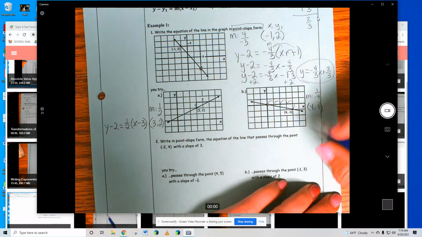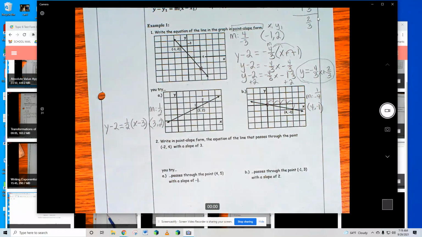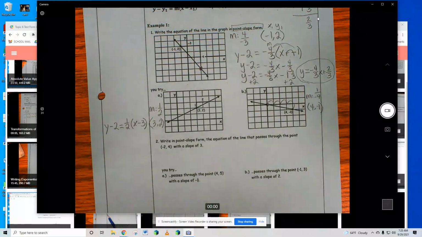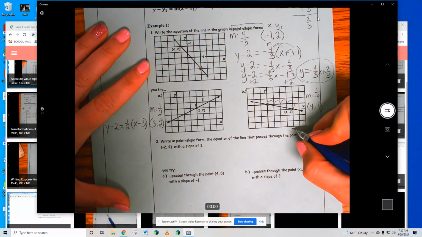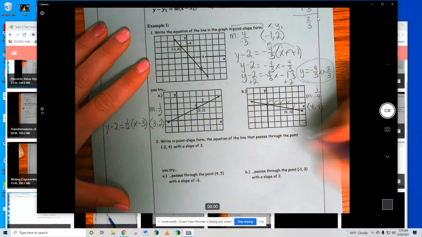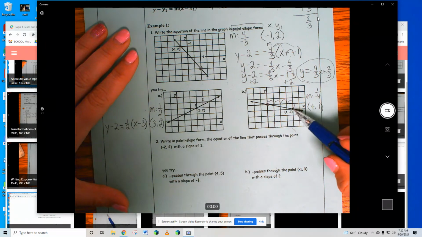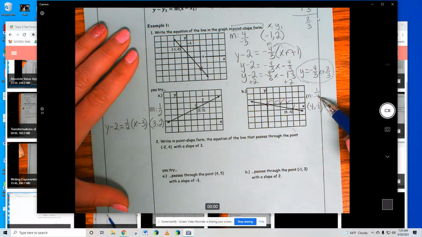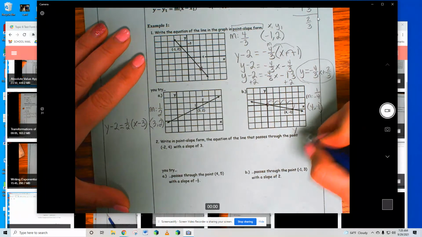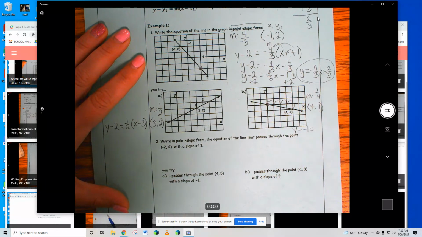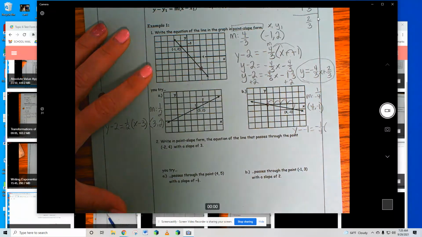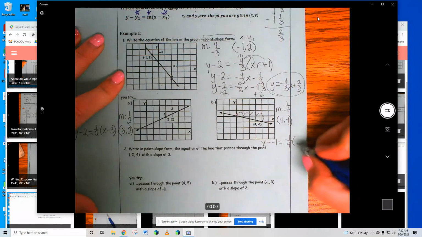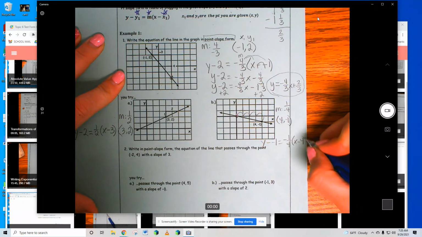So here we go. Table 7 right here. Hi. Somebody, not Erin, she already volunteered. What do I write? Y minus. I don't want to use a 2 because I don't have a 2 for my x or y or m. Yeah. Y minus -1 equals. Yes. I'll say -1/4, or 1 over -4 is the same thing. And then parentheses. Good job.